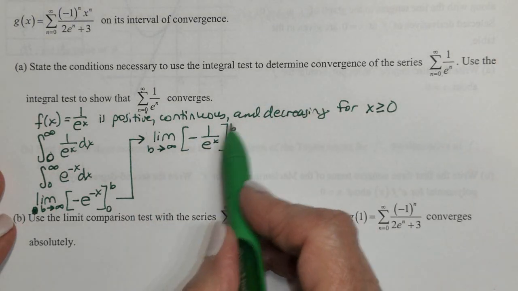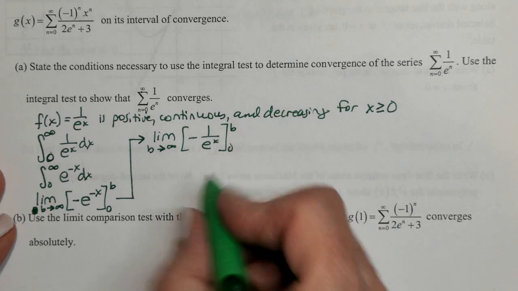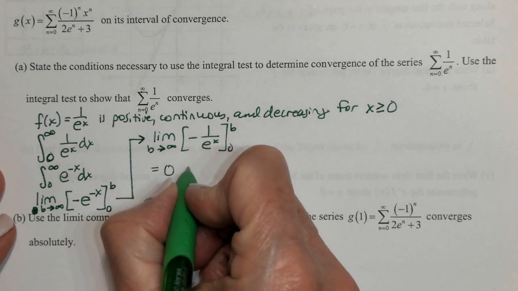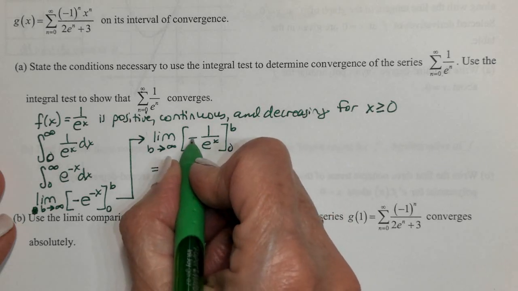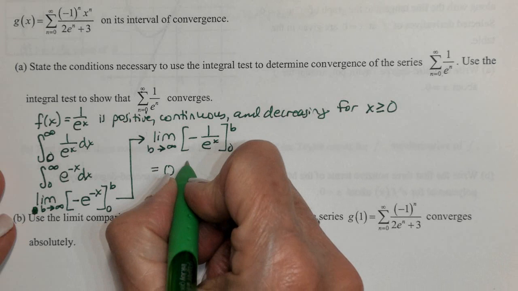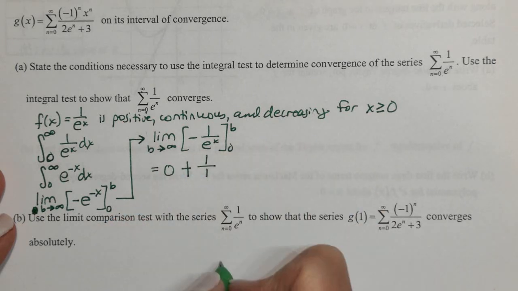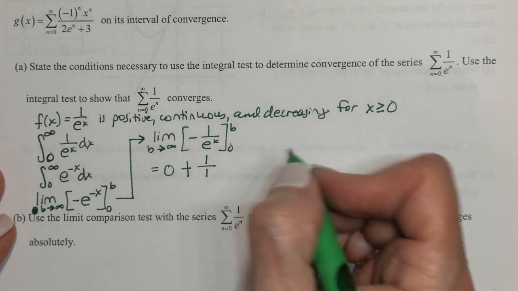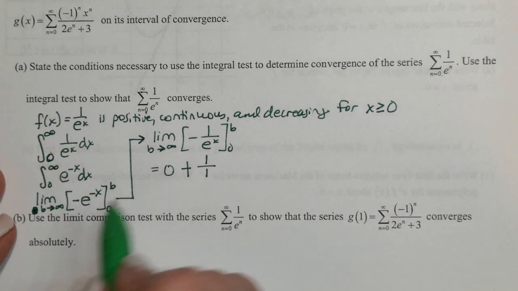Okay, b goes in for x, b goes to infinity, 1 over infinity is 0. So this is 0, minus. Now I'm putting 0 in for x. It's a negative, so minus a negative 1 over e to the 0, which is 1. So this is just 1. The value of this integral is 1.